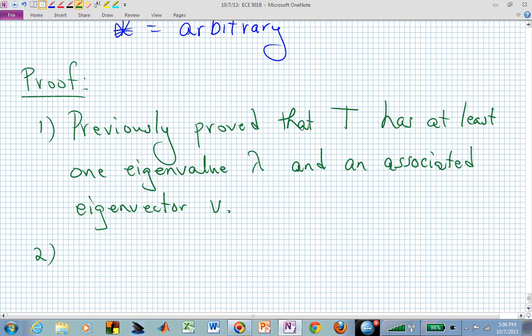And if we need a set of basis vectors, we know a result that if I give you one vector, you can extend to complete the basis, can't you? You know that a set of linearly independent vectors can be expanded to fill the whole space. And that's what we're going to do now. We know that we have at least one eigenvector.